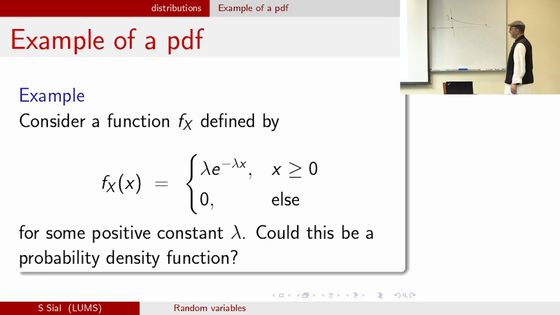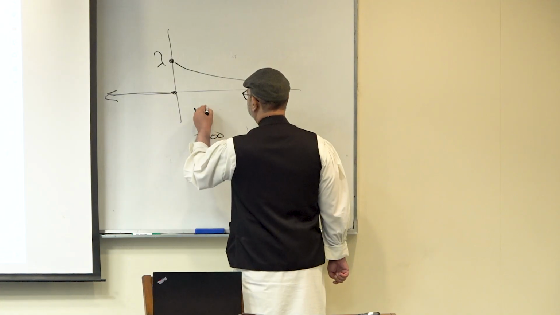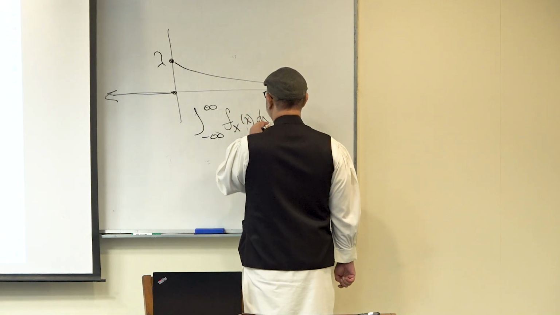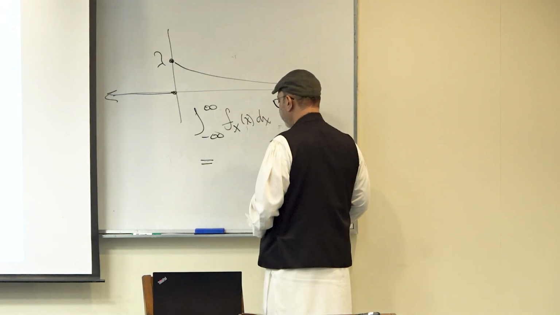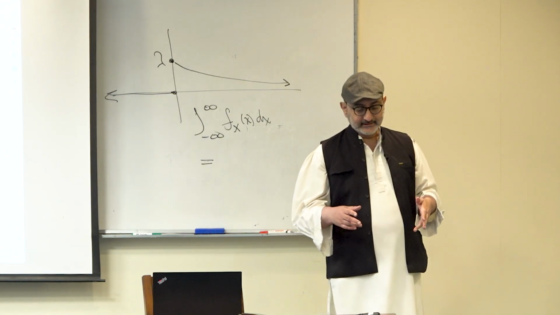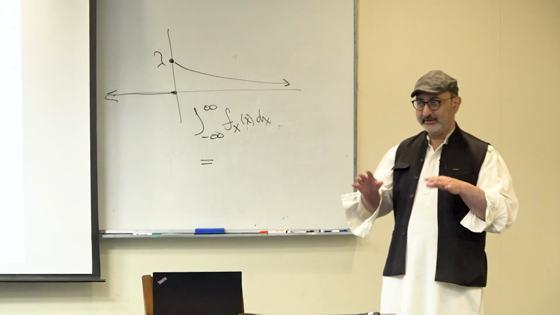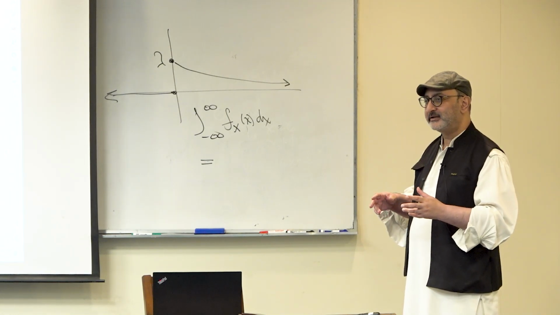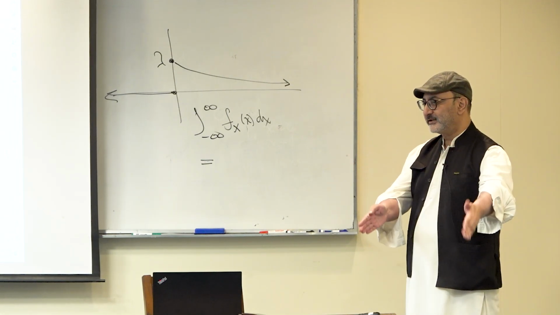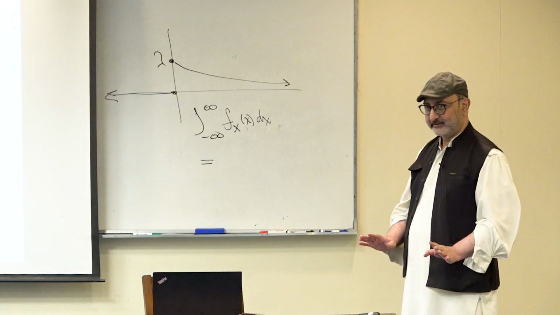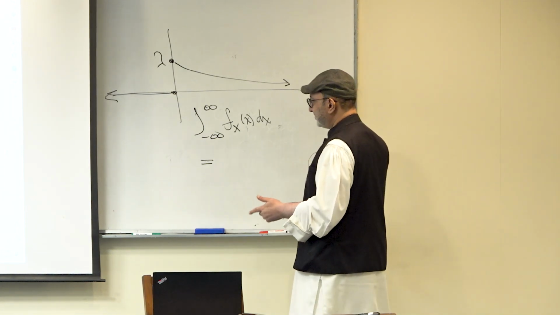Okay, so let's see about that. If I integrate from minus infinity to infinity f sub X dx, now, this is going to happen a lot because quite often these definitions come in pieces. So when something is coming in pieces, you want to break it up. If it's defined like this over this interval, and like this over that interval, then break up your integral into 2 pieces.